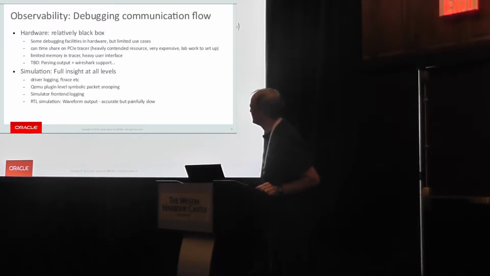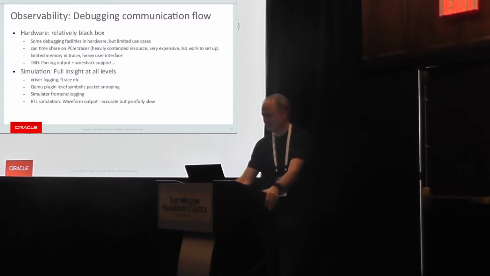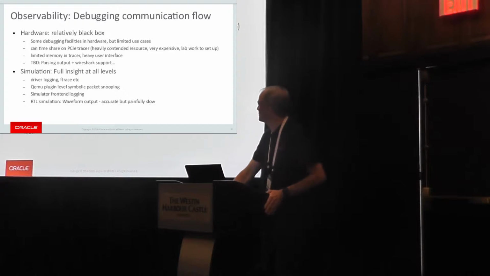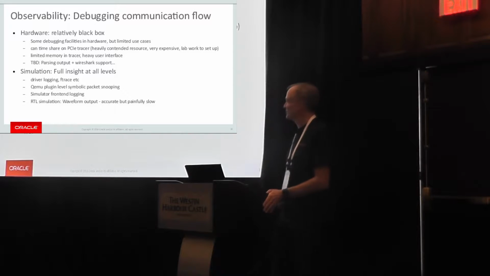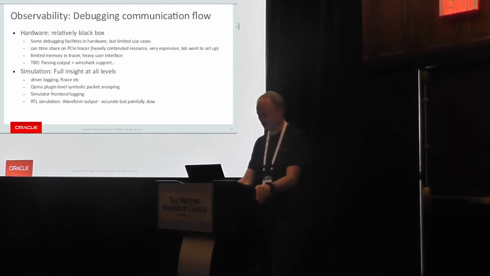So we save a lot of time from being able to debug on the software side. Also, it's a very heavily contended resource, a very expensive box, such PCI tracers. So it's much easier for us whenever we can do it with the simulations.